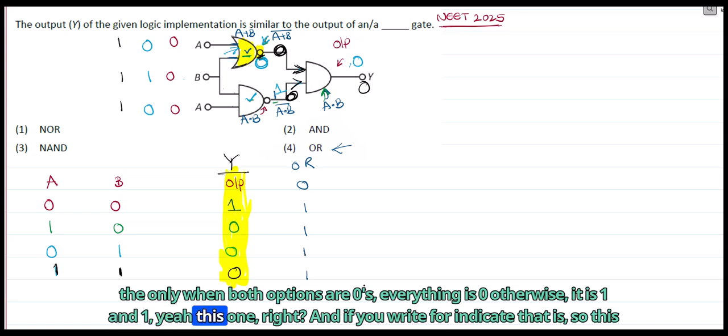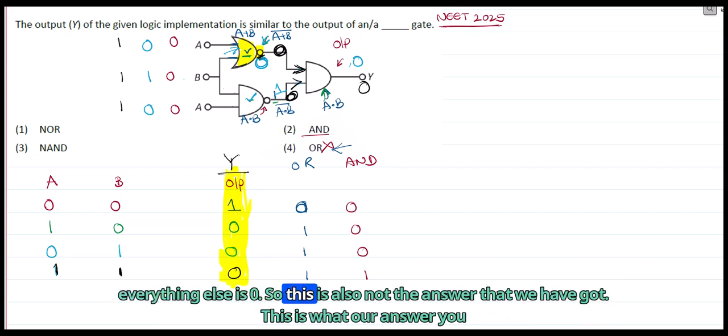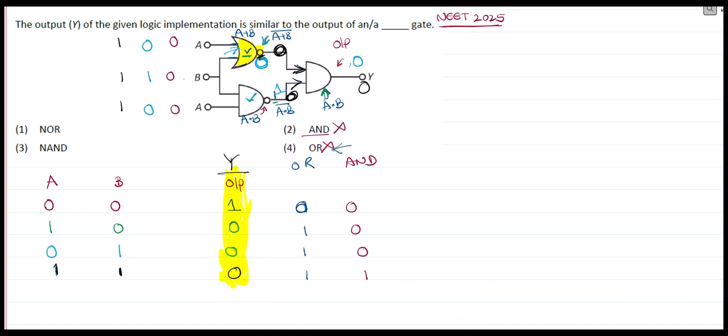So this option is not the case, it is definitely ruled out. Look at the AND gate: only for 1 and 1 is the output 1, the intersection function, and everything else is 0. So this is also not the answer we have got.